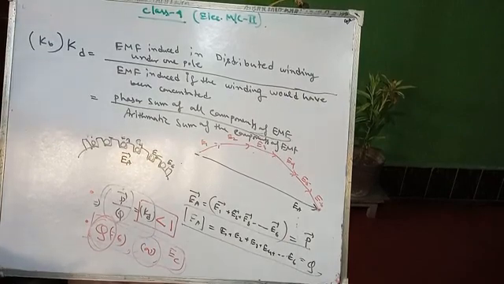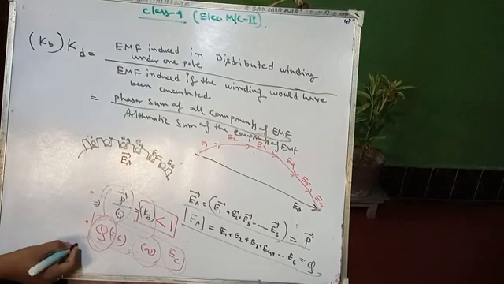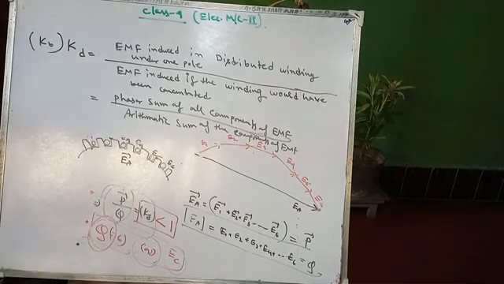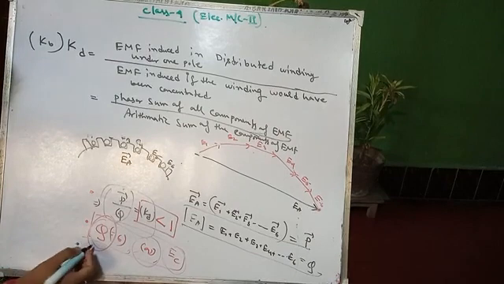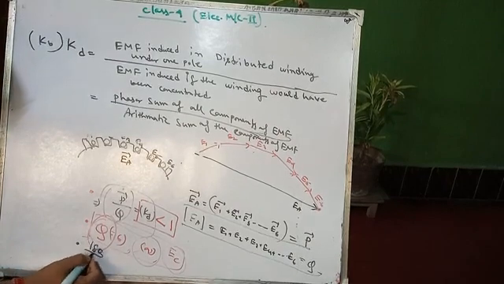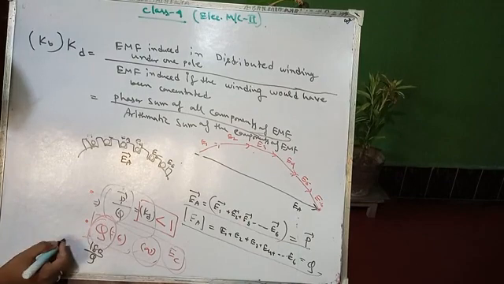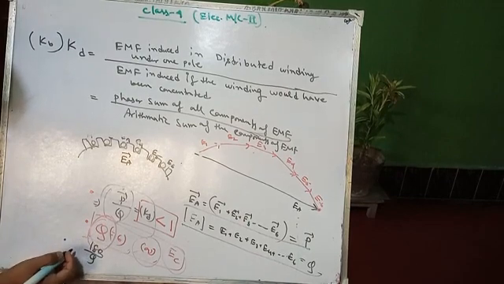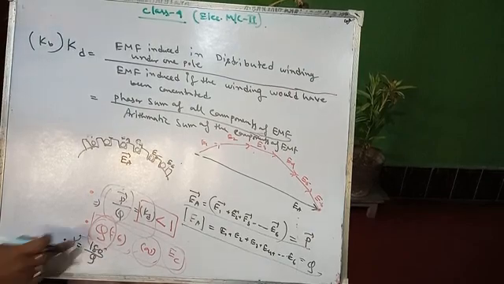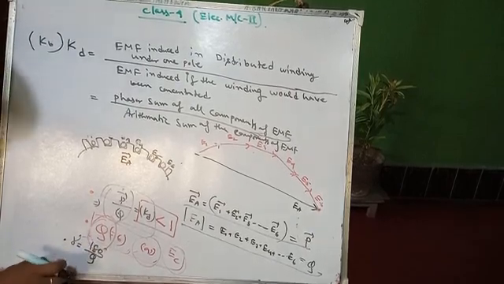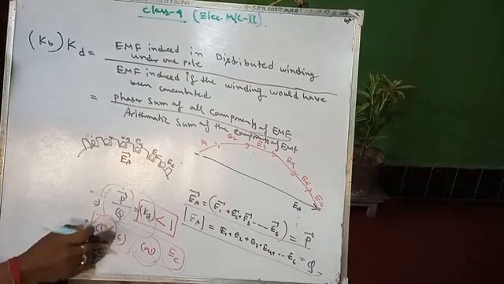Next, write the third point: angular displacement between the slots. Always remember, the angular displacement of each coil between two slots is gamma equals 180 degrees by Q, electrical, where capital Q is the number of slots per pole.